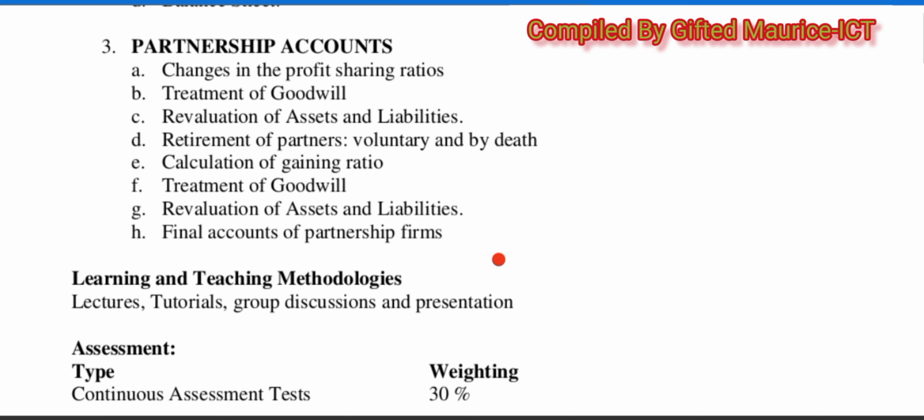We'll look at the differences, and one of the differences is simply how you treat capital in the balance sheet, because remember the capital has been contributed by the many partners forming the partnership. So we'll be able to look at the differences between the financial statements of a partnership firm and the financial statements of a sole proprietorship business.